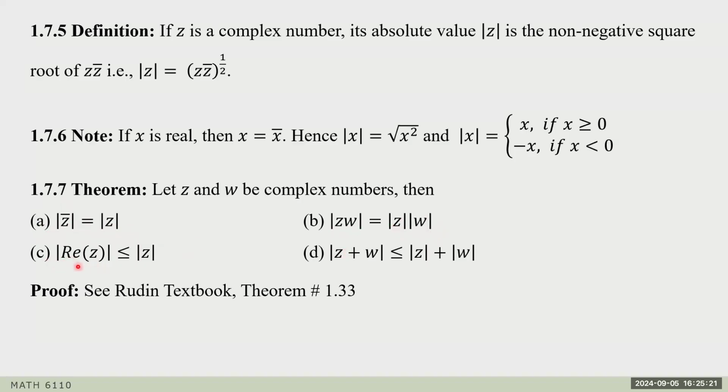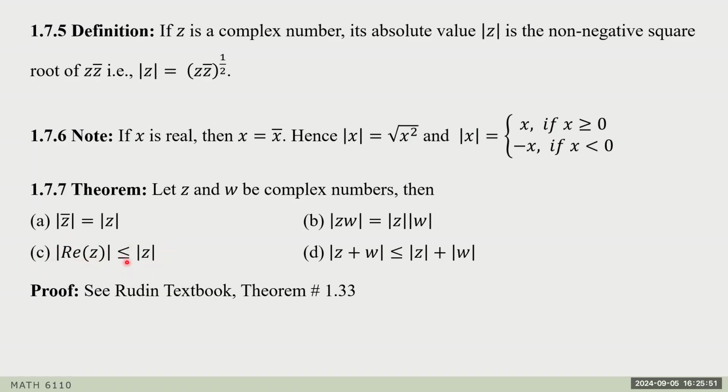The modulus of the real part of the complex number is less than or equal to the modulus of the complex number. What this part C is saying, and we'll see it in a few proofs in the next chapter, is that the magnitude of the real part of the complex number is always less than or equal to the magnitude of the entire complex number.